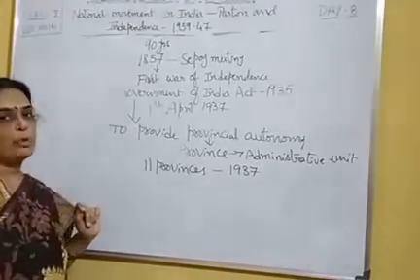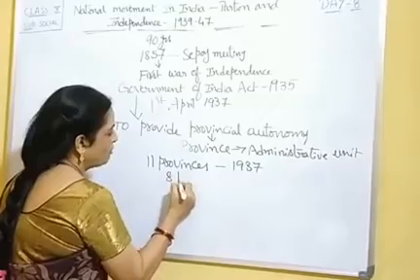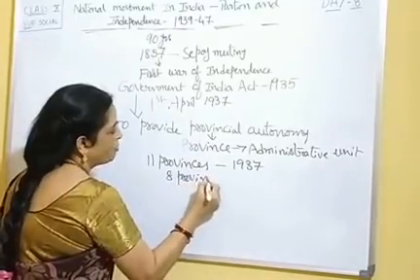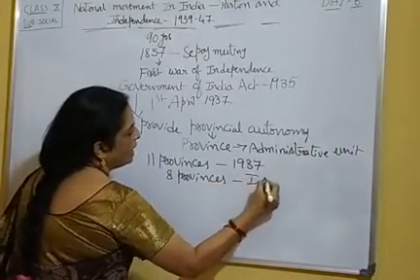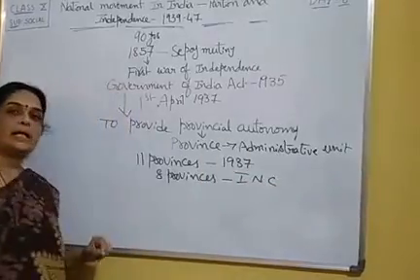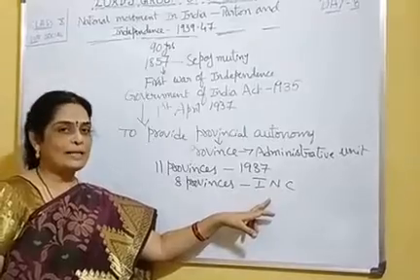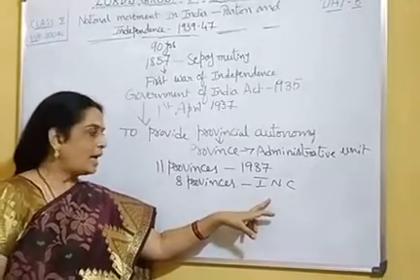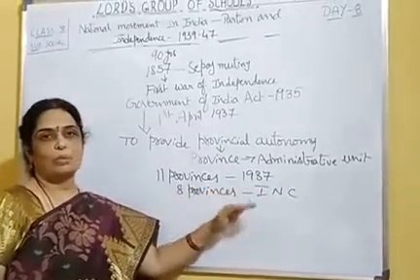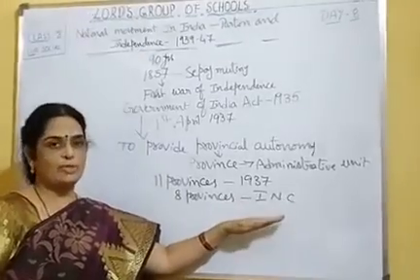Out of the 11 provinces, in 8 provinces the Indian National Congress won, and the Congress leaders who contested and won became the ministers in those 8 provinces.